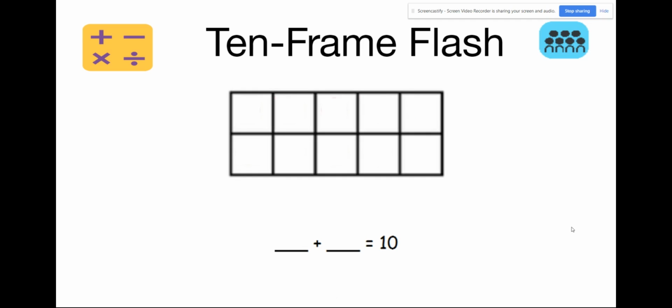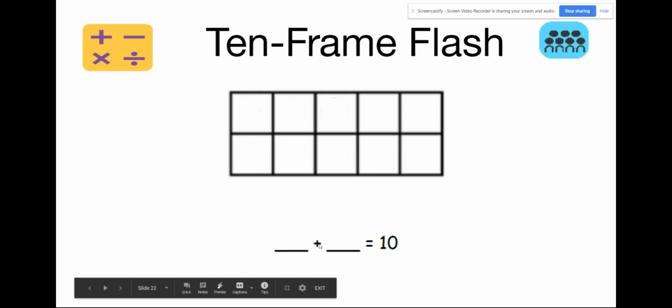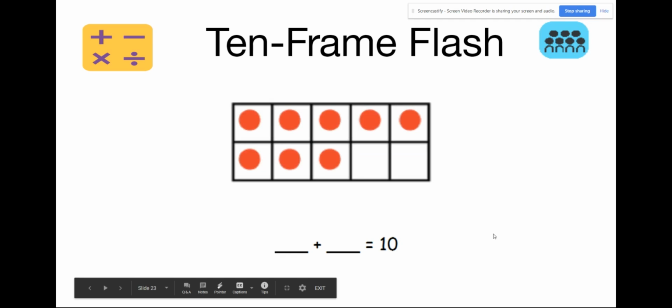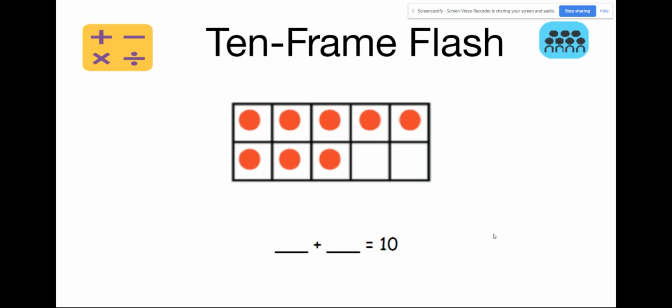Here's a 10 frame with nothing in it. How many more will I need to make 10? Well, I have 0, plus I need 10, and that will equal 10. I see 8. How many more do I need to make 10? 2 more, because 8 plus 2 equals 10.